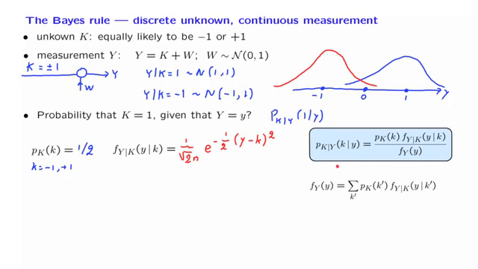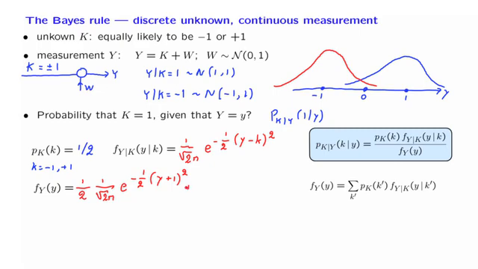Let us continue with the next term in this expression. We need the term in the denominator, which is obtained by taking a sum over the different choices of k. There are two choices, and each choice has a probability of 1/2. From the first choice, we have 1/2 times the density of y when k is equal to -1. And when k is equal to -1, we obtain this expression.